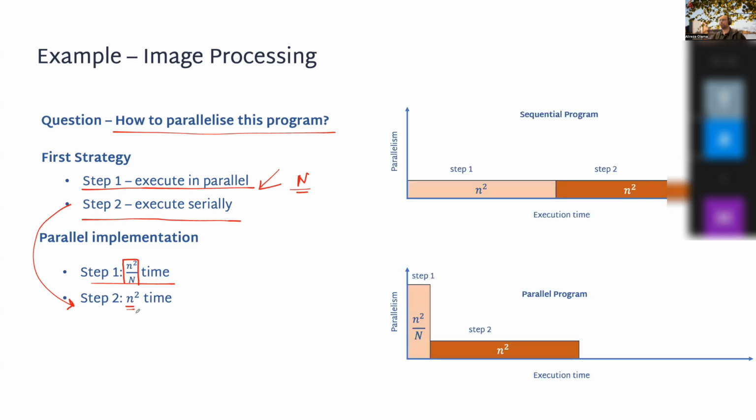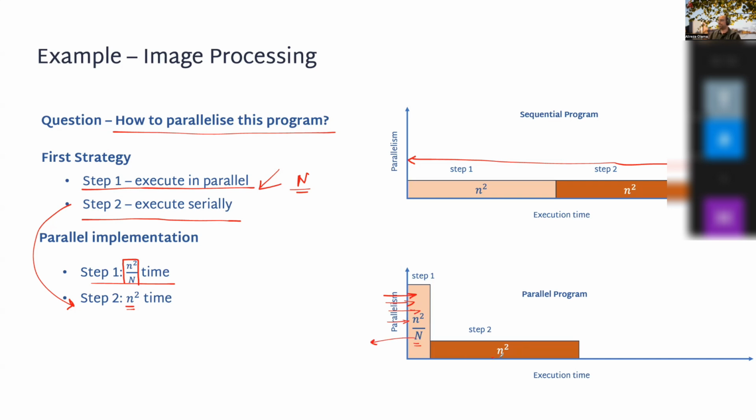And in the second step, we have the same complexity as we had before. So if we visualize it, this is the sequential runtime, right? And this is the parallel runtime. Because we did parallelism, we are doing a lot of things at the same time. So we have less time complexity, n2 divided by n, if we use n processors, right?